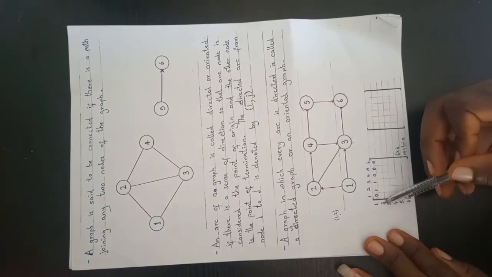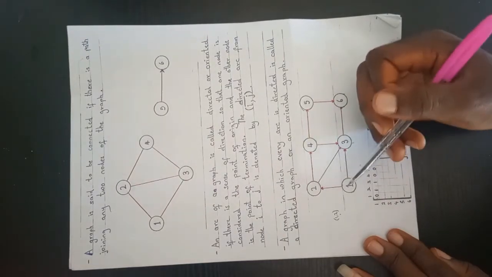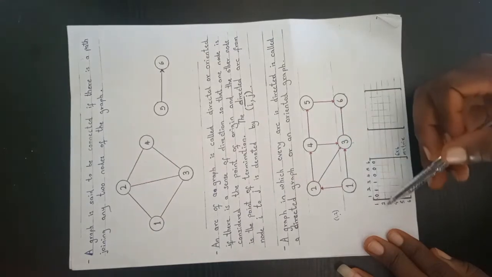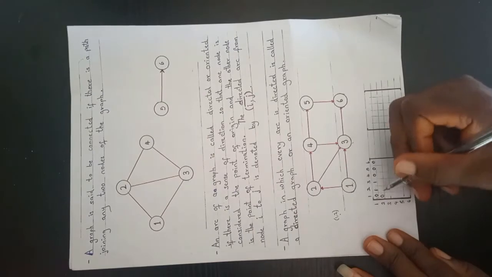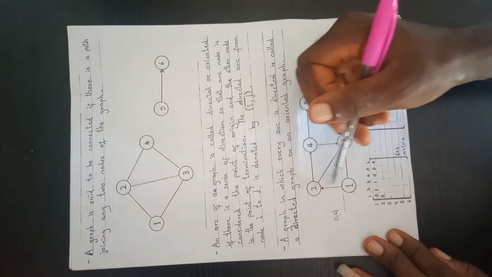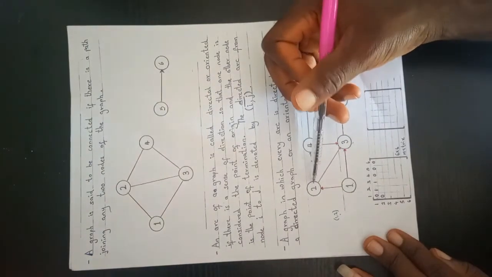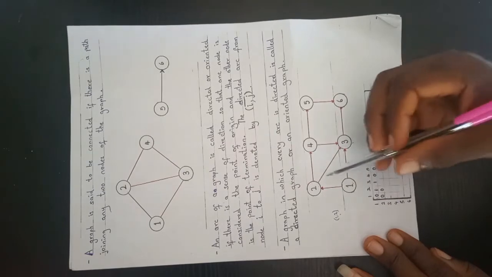And then we go to 2. There is an arc connecting 1 and 2, but this arc is flowing from 1 down to 2, but not from 2 to 1. And so we have 0 here because this arc is not facing 1. And so we check, is there a loop in 2? No. And so we have 0 here. And then we check for 2, 3.